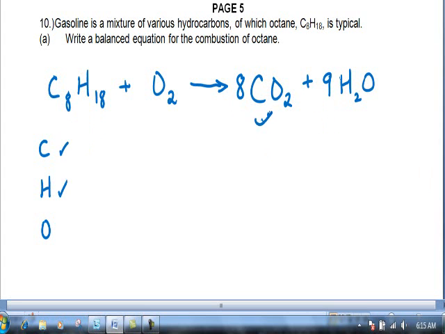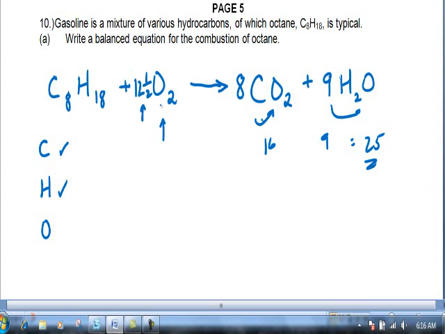Now 8 times 2 in our CO2 gives us 16 oxygens, and our 9 times 1 in the water is another 9, so we have 25 oxygen atoms to account for. O2 is an even number, and here we have 25, so what we can do is start out and put a fraction and balance the oxygen with 12.5.